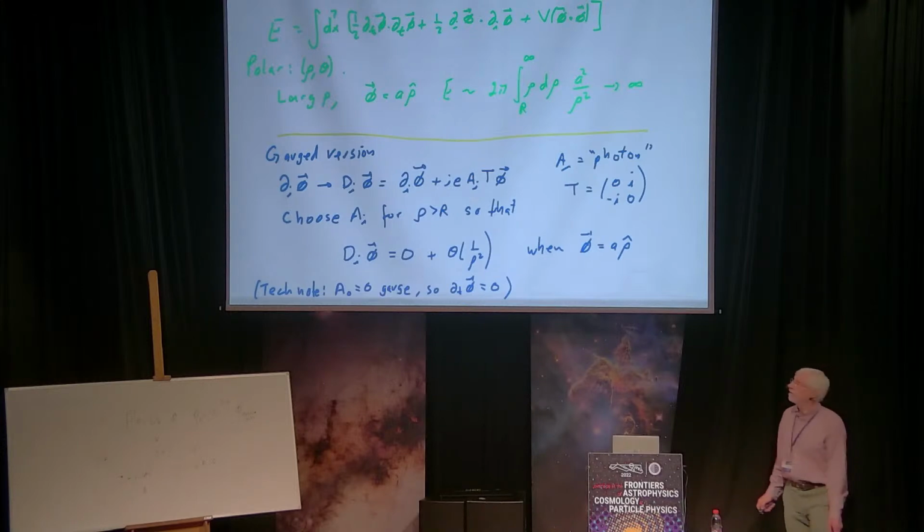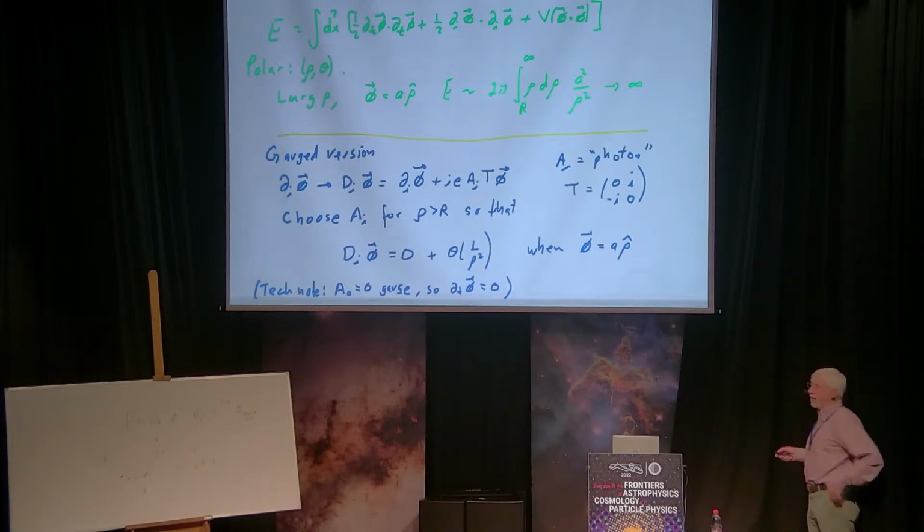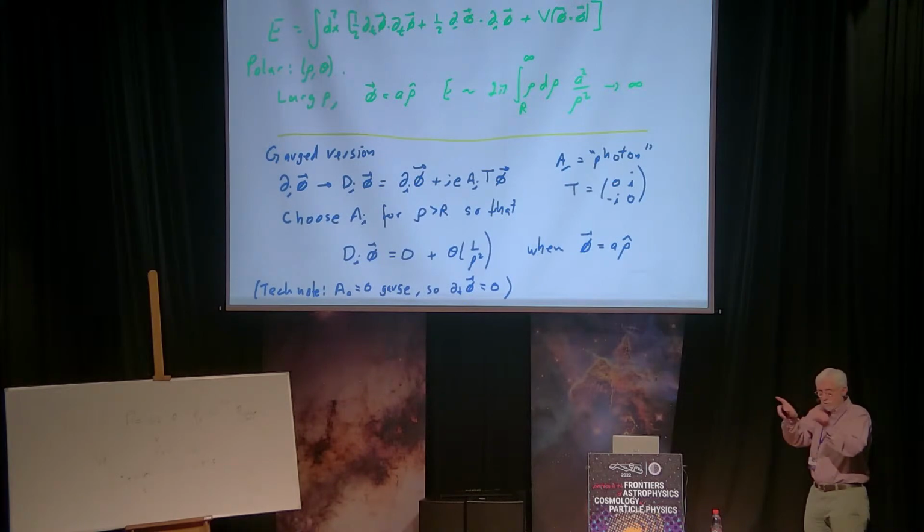So how do you fix this? And how do you get finite solutions? If you gauge this internal symmetry, these arrows pointing around, so instead of a derivative like I had here, you make this a covariant derivative with a field A, which is like a photon.